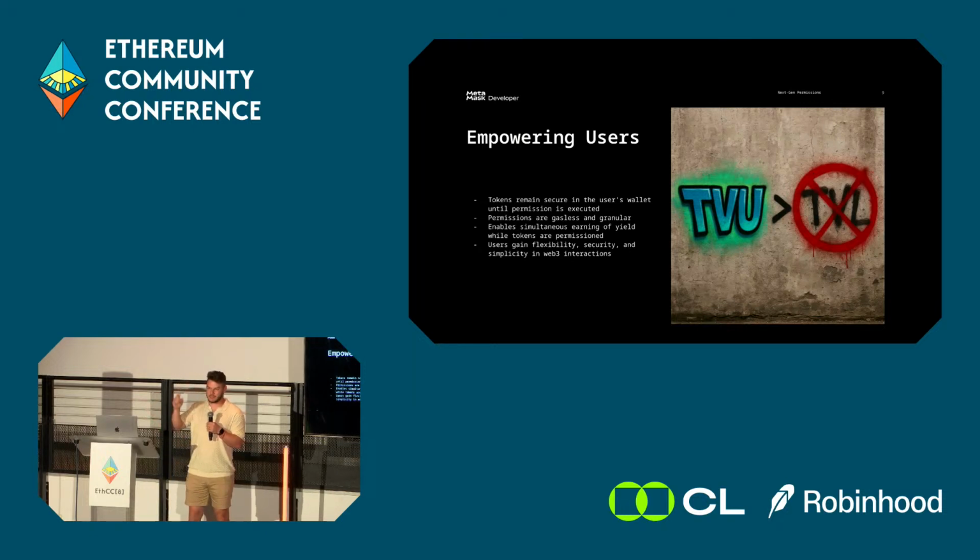It's not even like paying for gas in a different token. It's just gone, because there is no blockchain transaction when I'm giving a permission. It's just off-chain. So when I'm giving all these permissions to these AI agents, the tokens stay in my account, which means I could be earning yield while I'm giving out all these permissions, right?